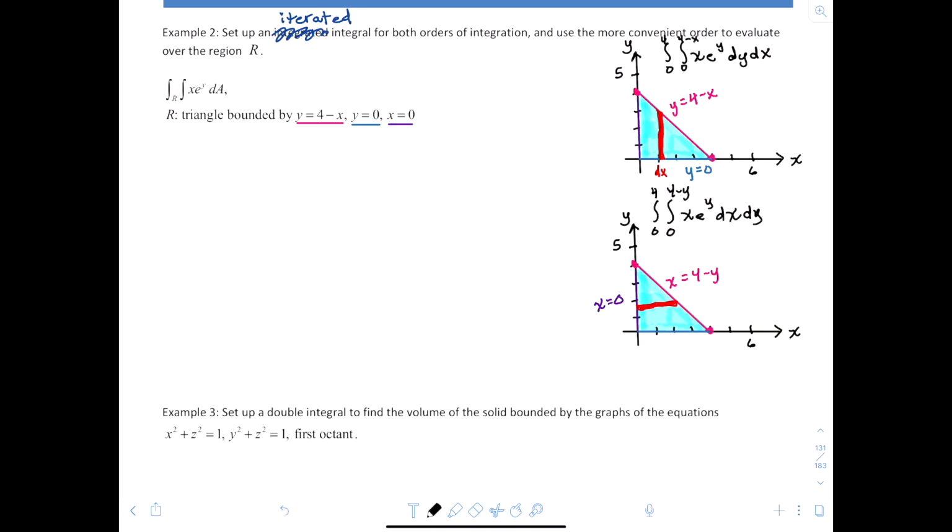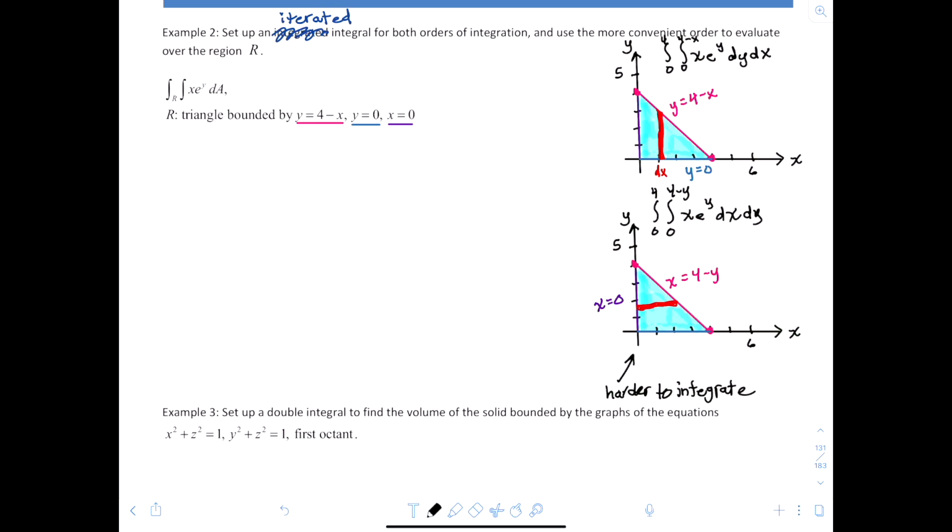That's something in the exponent of the y that we can certainly integrate using integration by parts, I think, right? Now the other one, if we integrate with respect to x first, we get x squared over 2, and then we'd have quantity 4 minus y squared over 2. And that's going to be harder to integrate. But you might not know, and so you might just have to try it out and see what happens.